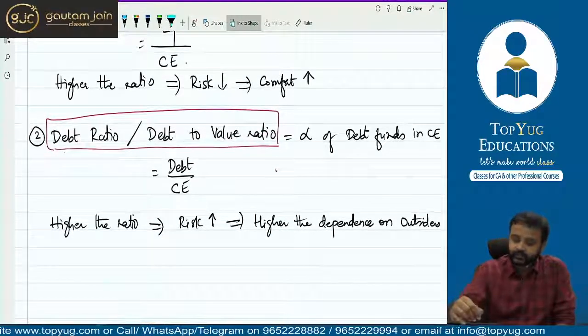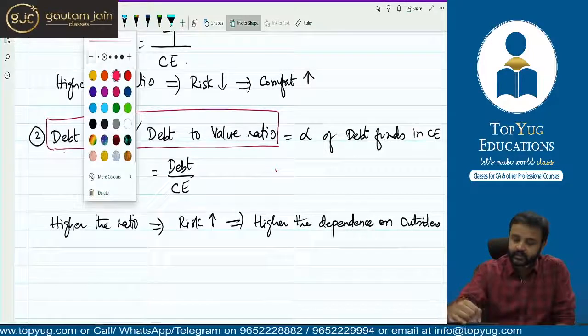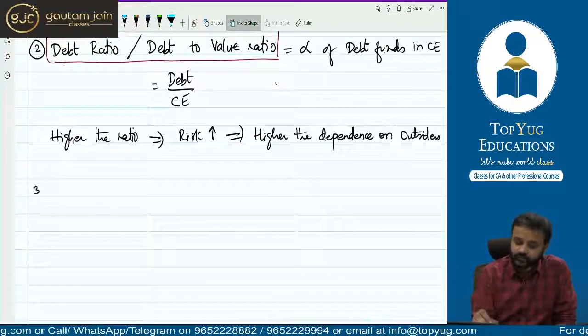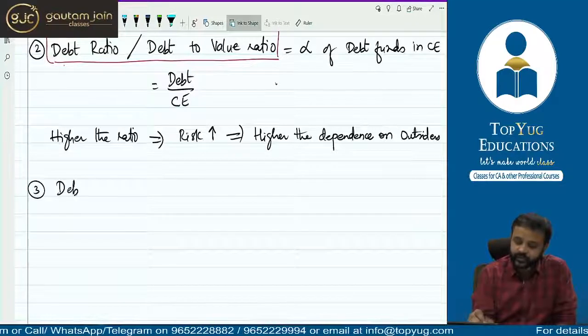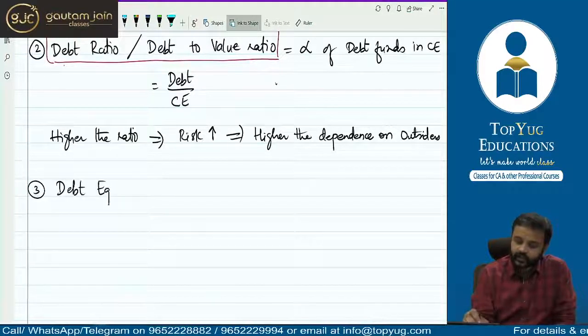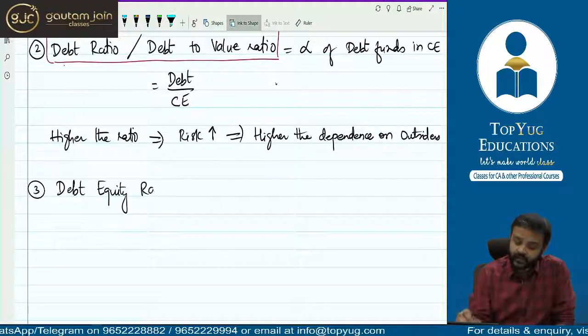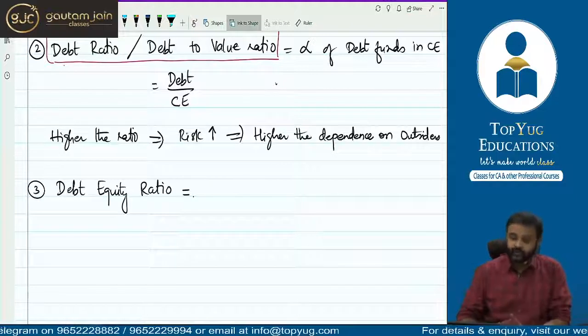Now the third one which we are talking about is obviously a comparison between debt and equity. So the third one which we are seeing here is the debt equity ratio. So what is this?